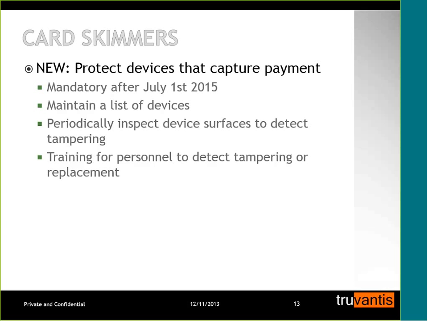You need to periodically inspect these devices to make sure that they haven't been tampered with, to make sure that somebody hasn't put a shim over the top of it to capture the data as the card's inserted. And you need to train the personnel who are at the point of sale or at the point of interaction with the piece of plastic to make sure that they are aware of how to detect tampering or replacement of a unit. So that's an expansion, really, I think, of the security awareness training to make sure that people are trained in how to look for this stuff.